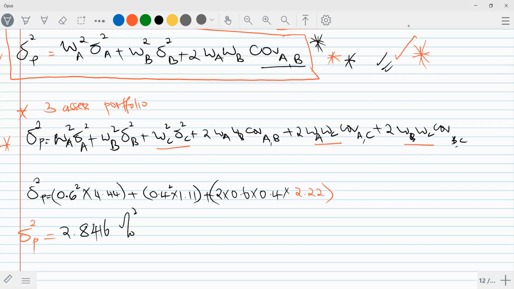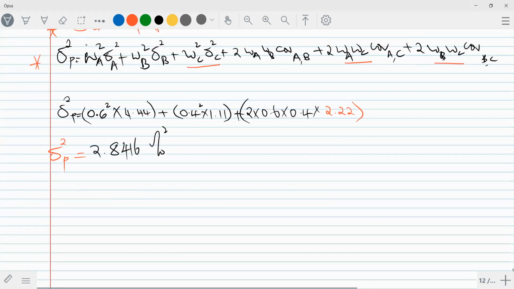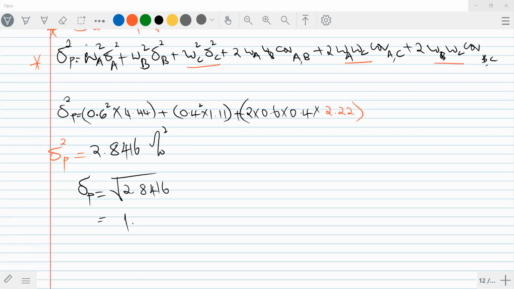So we take the square root to get the standard deviation of the portfolio, which is of course the conventional measure of risk. Now you can see in this question you haven't been told what measure to use, but conventionally we measure this by the standard deviation. So we get the square root of the variance, 2.8416, and you get more or less 1.69.